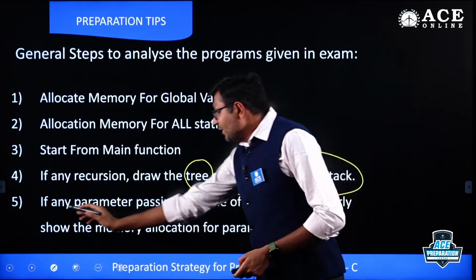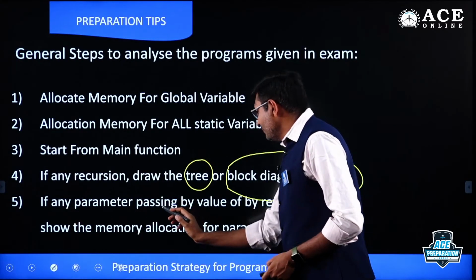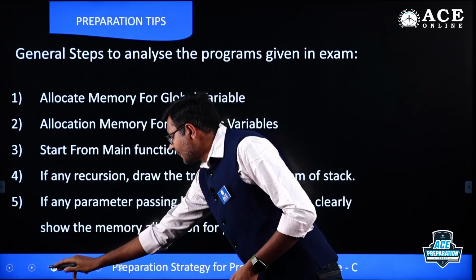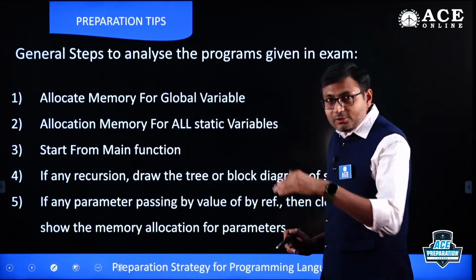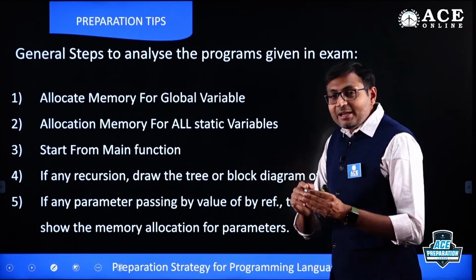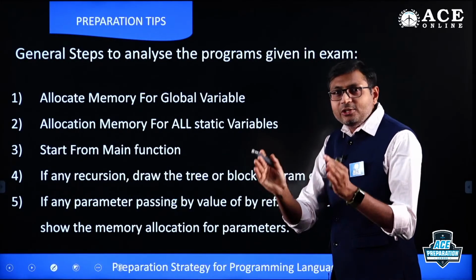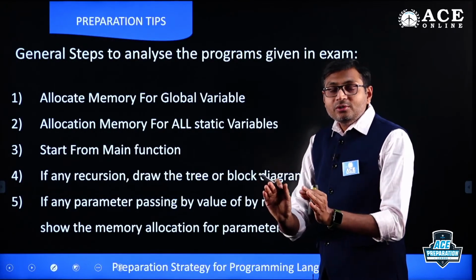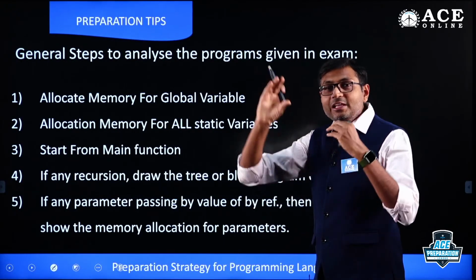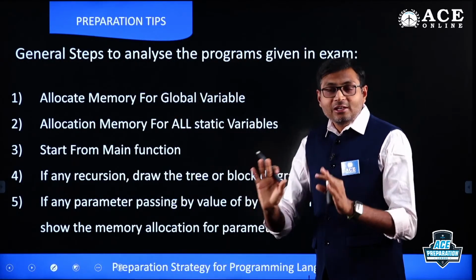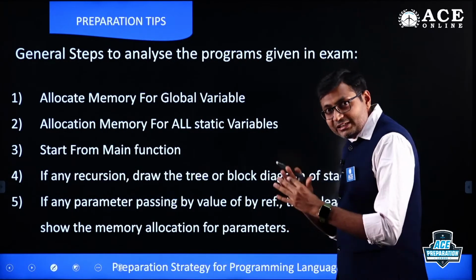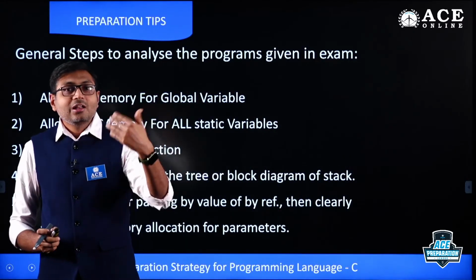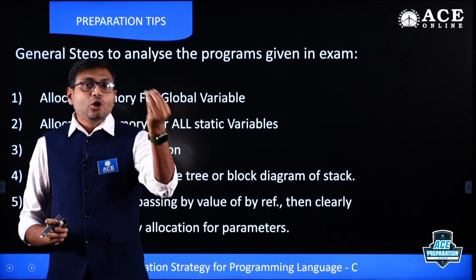Next, if any parameters are passed by value or by reference in your program, then clearly show the memory allocated for the parameters as well. Because many times there is confusion about which variable we are changing, the caller or the callee.